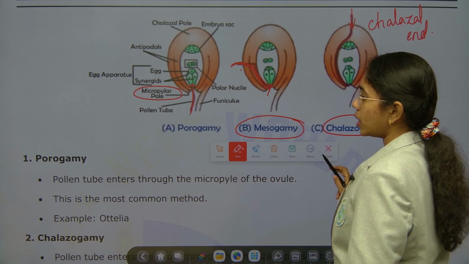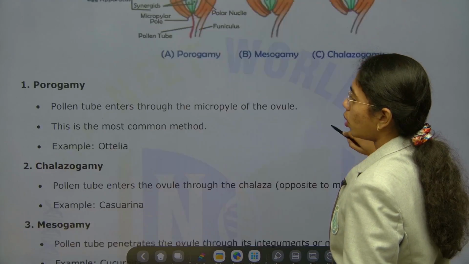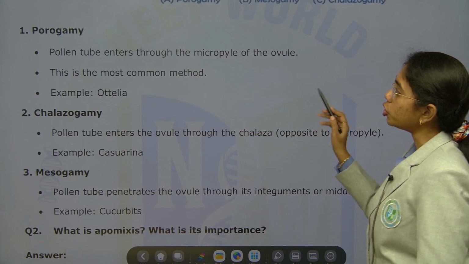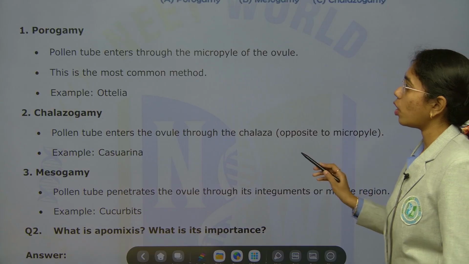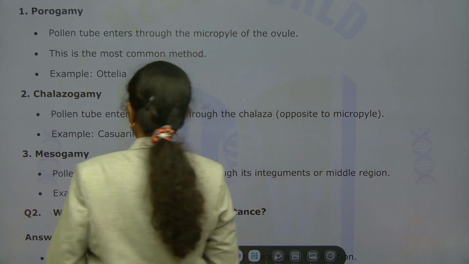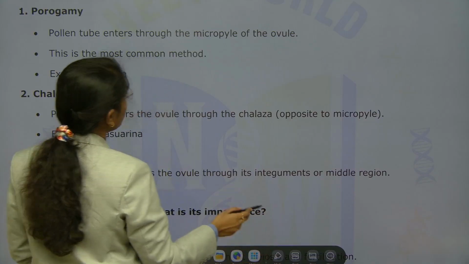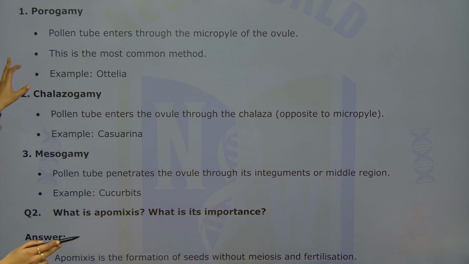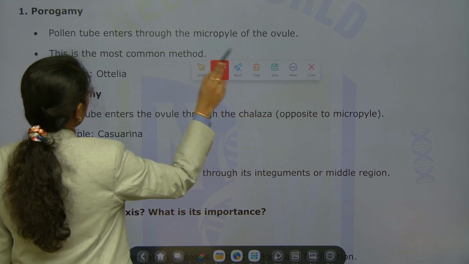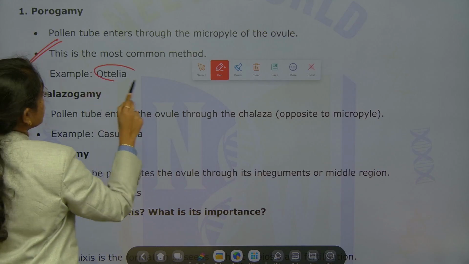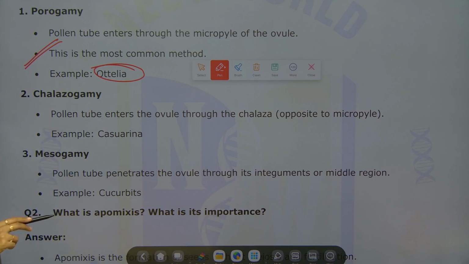Porogamy: pollen tube entry through the micropyle of the ovule. This is the most common method of pollen tube entry, and the best examples you can take are Ottelia or Oenothera.